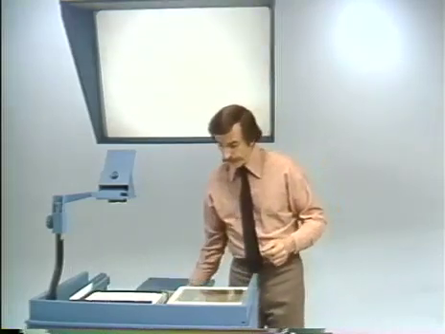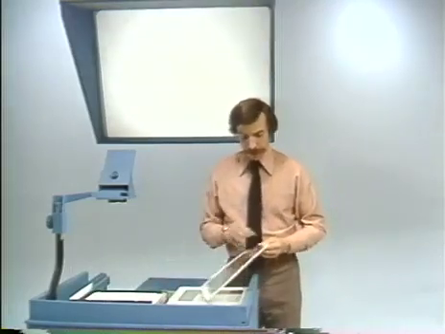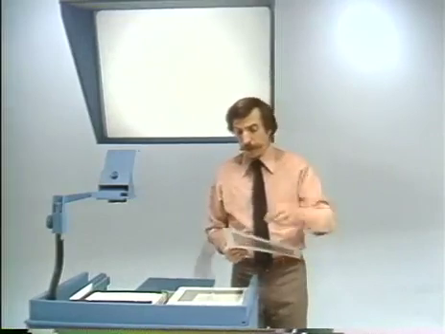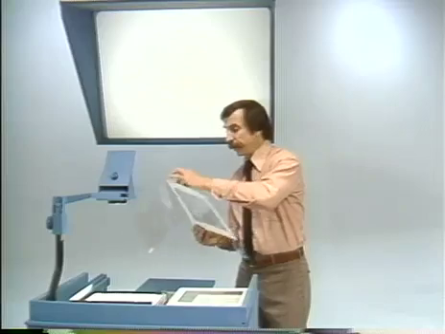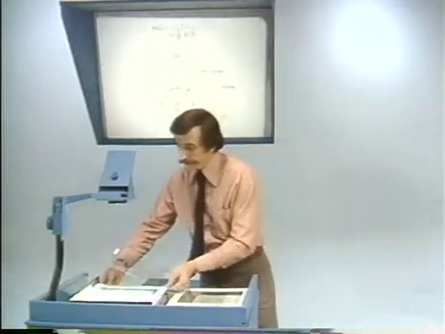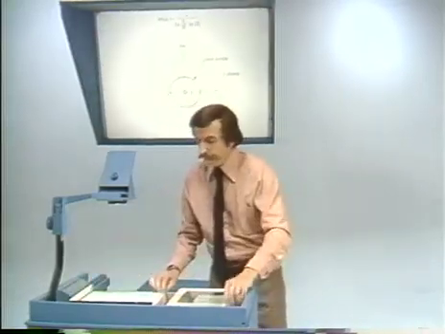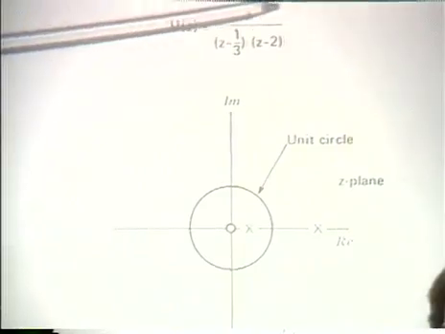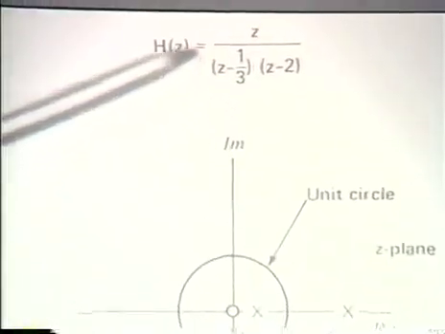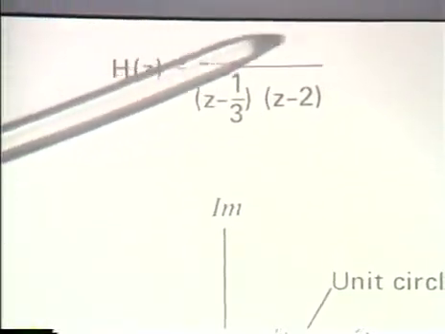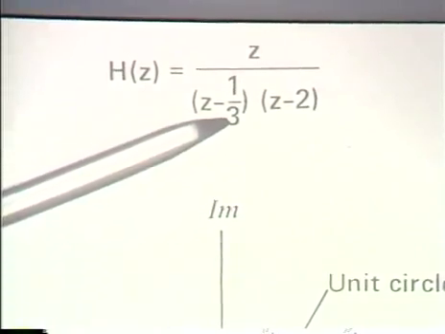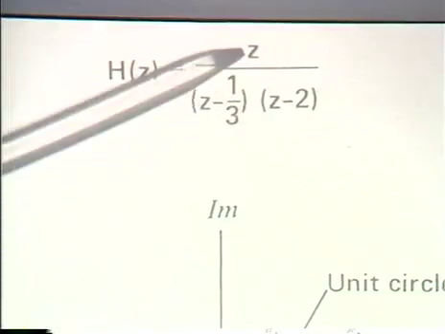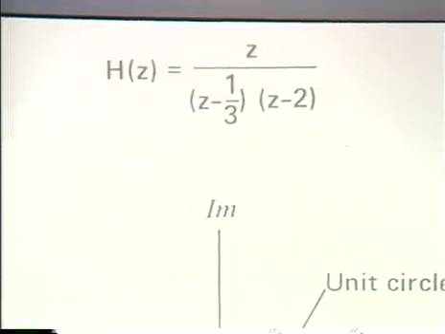So, for example, if we had a system with a system function as I indicate here, with the algebraic expression being the one I indicate here, with a pole at z equals a third and another pole at z equals 2 and a 0 at the origin.